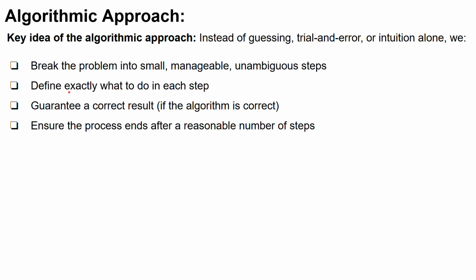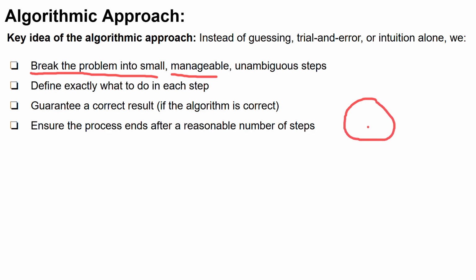So there are key ideas of the algorithmic approach. There are some very key points. First one, we are breaking the problem into small subparts, and we are solving those subparts individually. So that is manageable. We'll have a large problem.